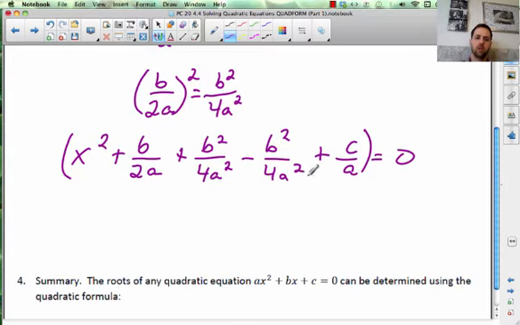Okay, now this is pretty cumbersome and kind of nasty, but this we can turn into a perfect binomial, and square it, and then these we can try to combine in some way if we can.